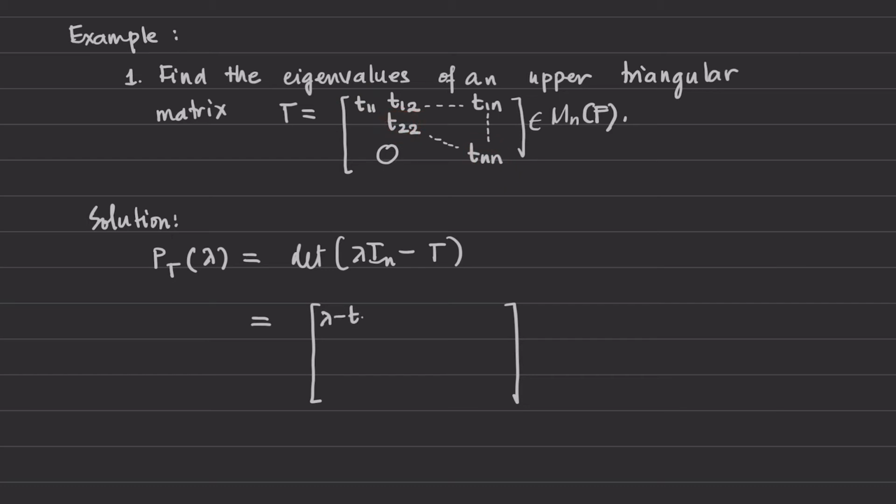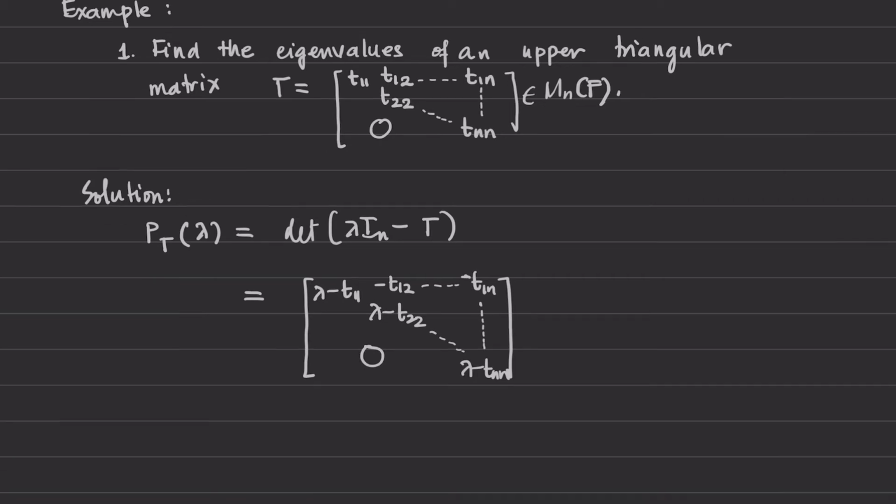Lambda minus t11, lambda minus t22, lambda minus tnn. Tapos, inenegate mo lahat ng mga entries na wala sa diagonal. So, negative t12, negative t1n. Okay, so parang ganyan yung itsura.